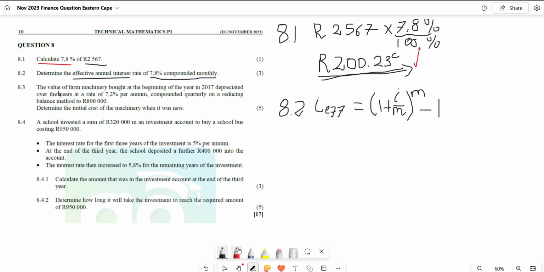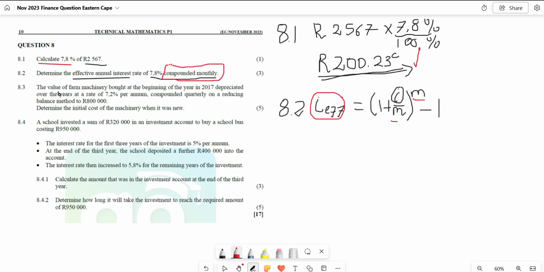The I that we see inside this bracket is I nominal. Remember, the objective is to find this part, which means this part is not given. It's the part that we are looking for, so we can't substitute anything there. The percentage that is given in 8.2 represents the nominal interest rate. The M that you see here represents the compounding period. That's why we have the words compounded monthly.